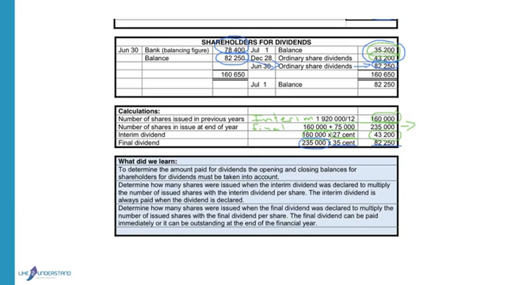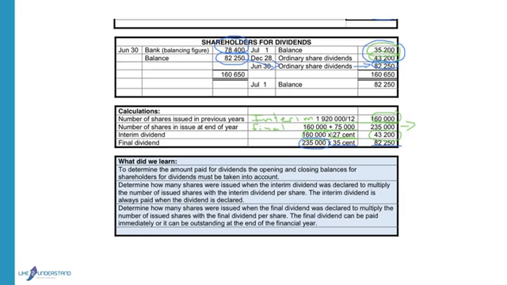Then the number of shares will be multiplied with the interim dividend, and that is the amount that was declared, and the interim dividend account will be debited, shareholders will be credited, and immediately a payment will be made. Bank will be credited, shareholders will be debited.